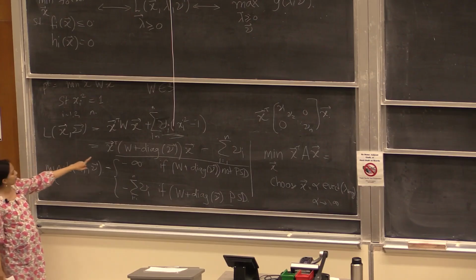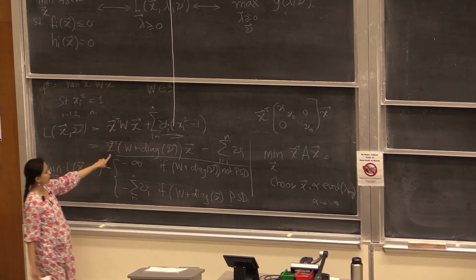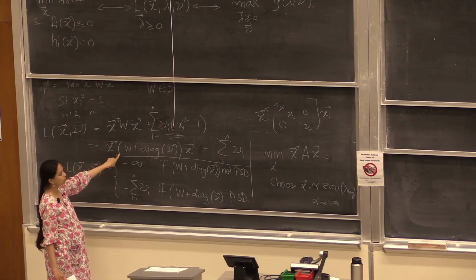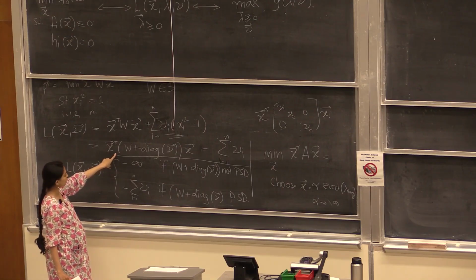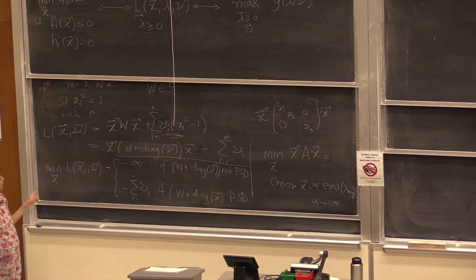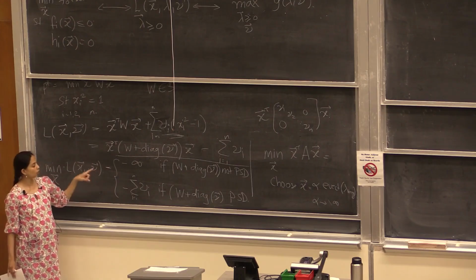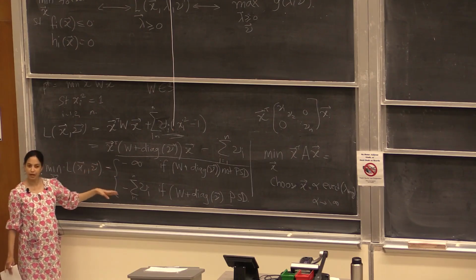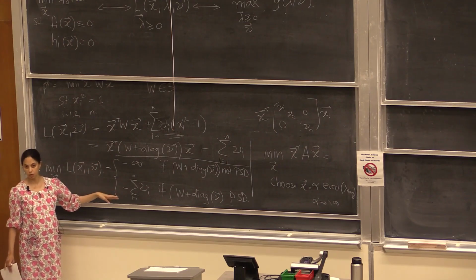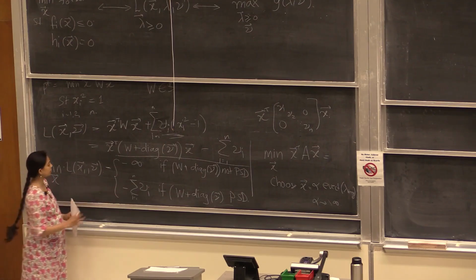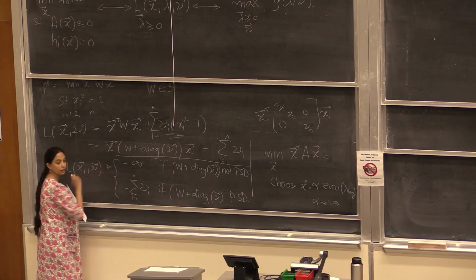So you're saying that what happens if this is positive definite, not positive semi-definite. In the case that it's positive definite, I won't necessarily be able to set this thing to be equal to 0, but the lower bound that I'm going to get is still going to hold.